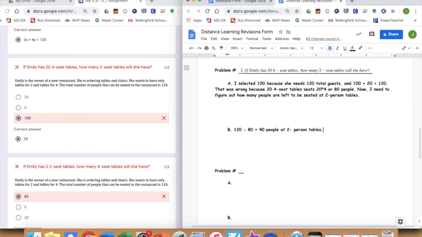So it's 40 people at 2-person tables. I have to divide to figure out how many tables there must be. So 40 divided by 2 gives me 20 2-person tables.